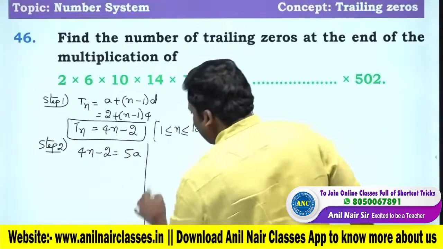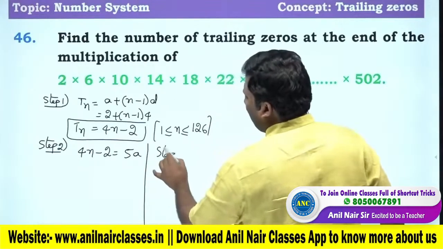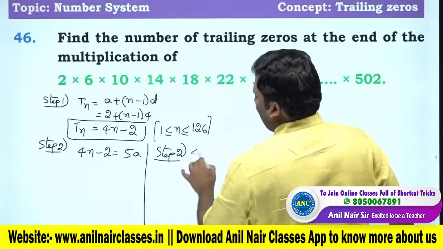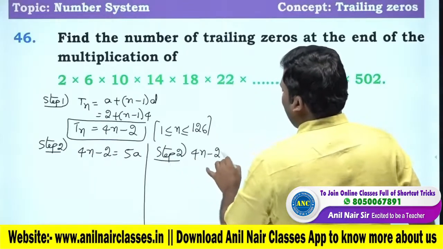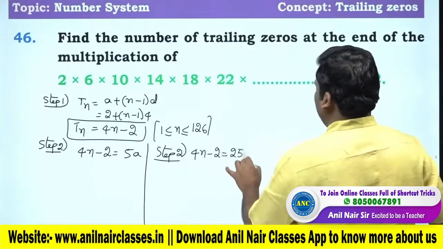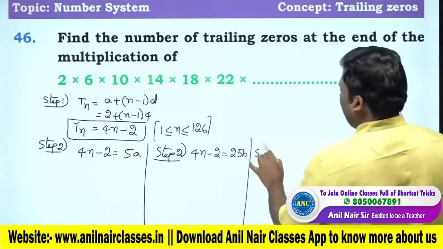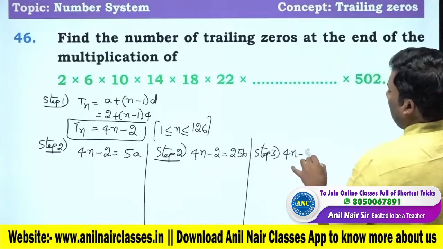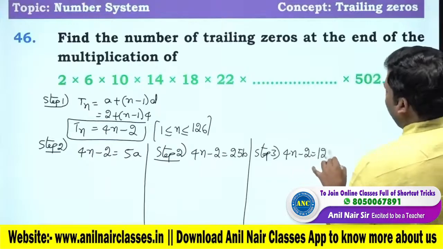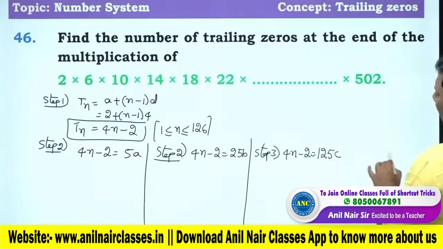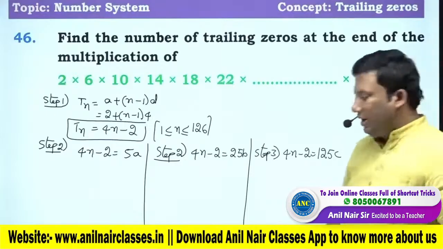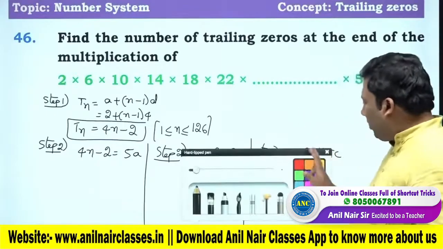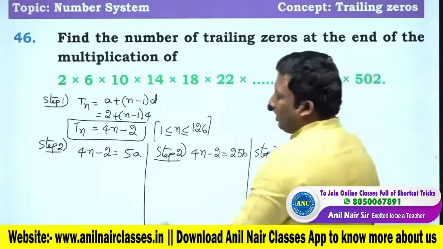I am sure you can solve this equation the same way. Step number 2. 4n minus 2 equivalent to 25b. Step number 3. 4n minus 2 equivalent to 125c. 625 we cannot take. 3 problems, same model, so that it will be clear to you.